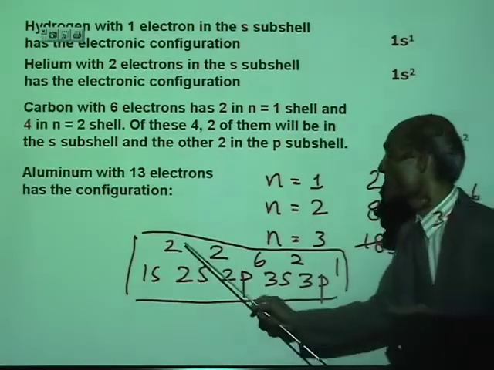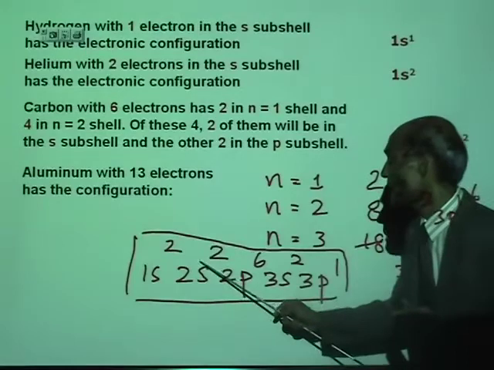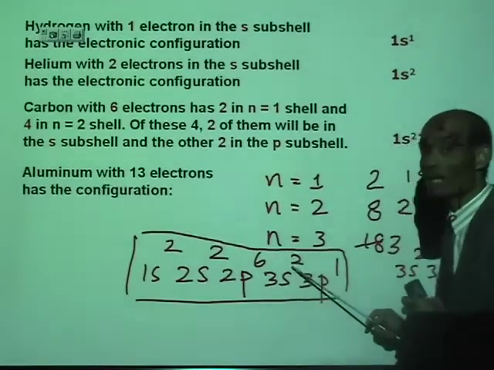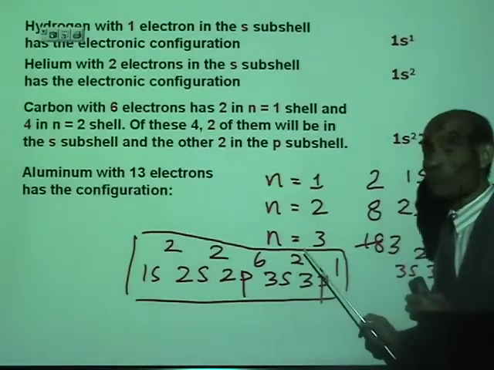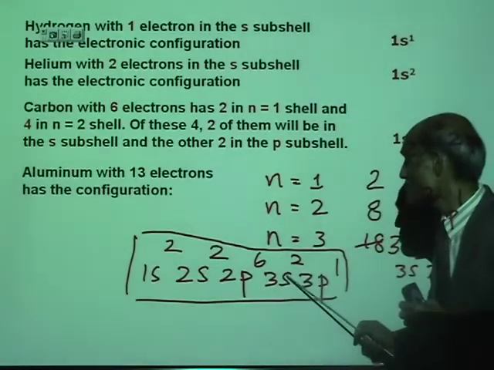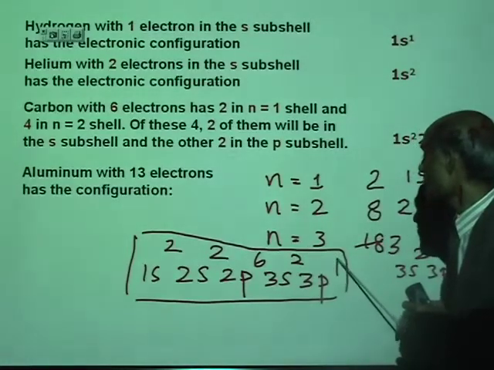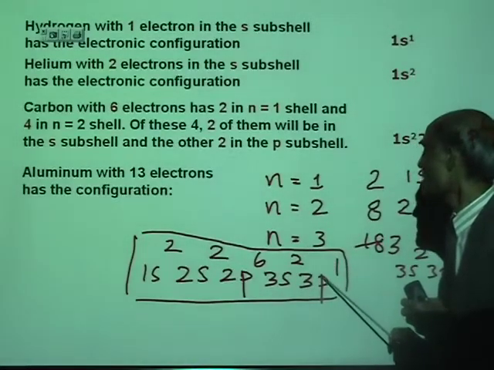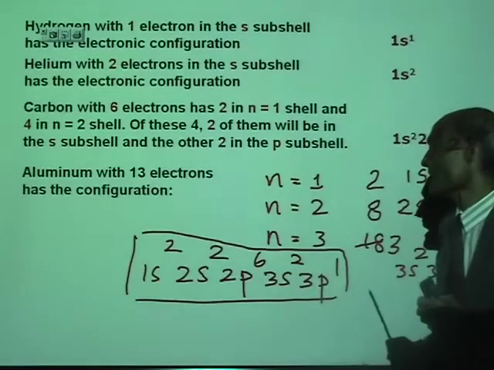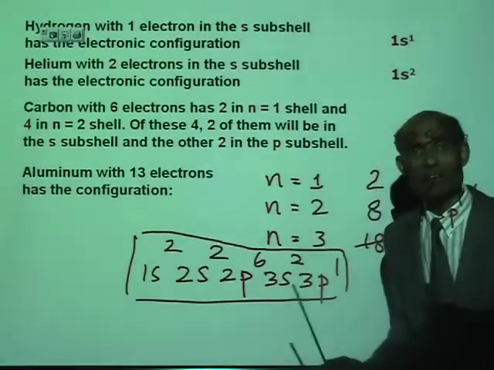That means I have now completed n equal to 1 and n equal to 2. I have to now go to n equal to 3. Of the 3 remaining electrons, 2 of them are in the S subshell for n equal to 3, and the last electron will be in the P subshell for n equal to 3. Isn't that easy and interesting?